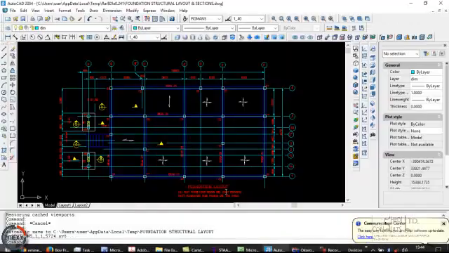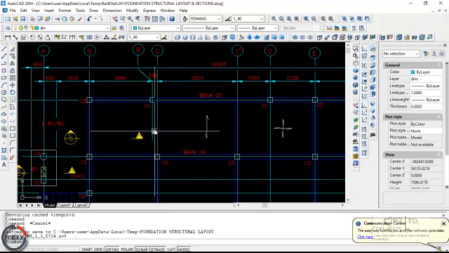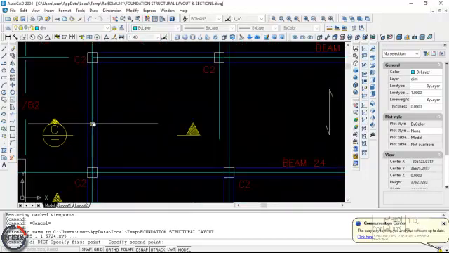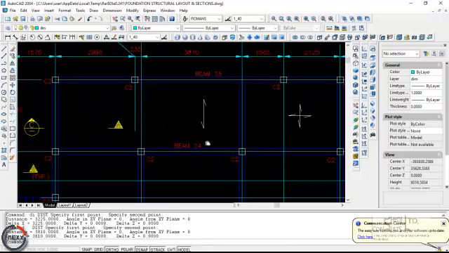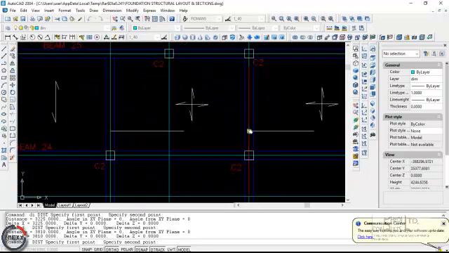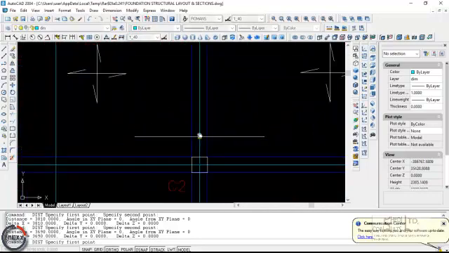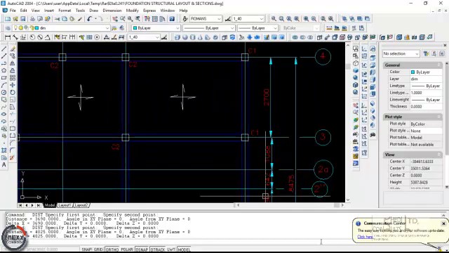It must be modeled correctly. So we check from here to here, that's 3.22, that to there, 3.81, from here to here, 3.69, and then from here to here is 4.02.